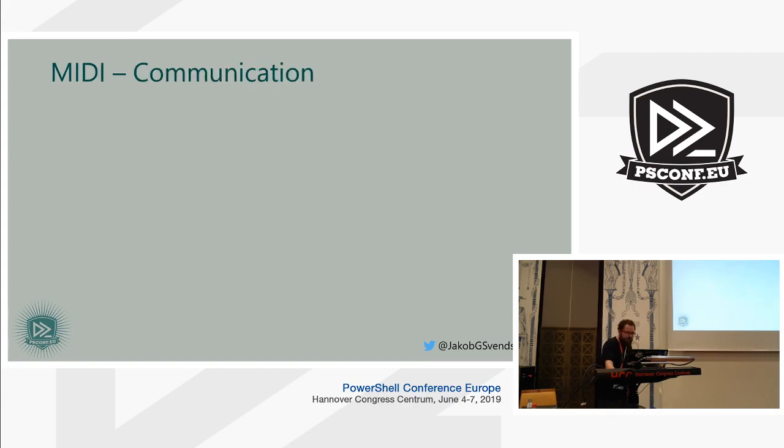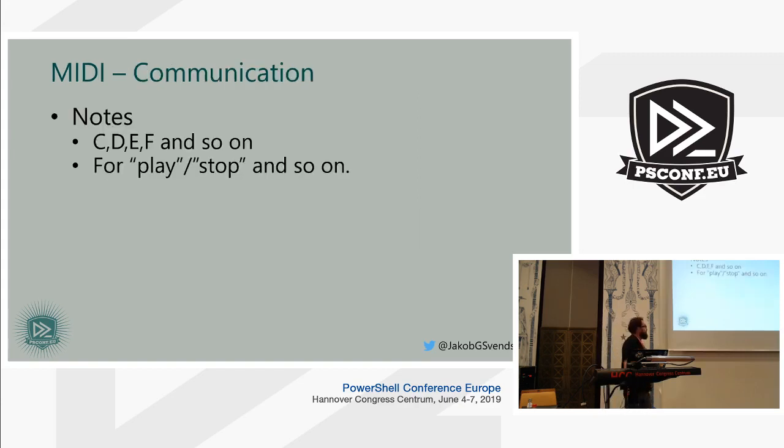So MIDI communication has a few different things. One is it can send notes. You play a keyboard, it can send whatever note you play, and you can send how long the note is. So you send a note on, and then you send a note off when you turn it off again. So for buttons on this thing, like play, stop, and so on, you can use MIDI notes.